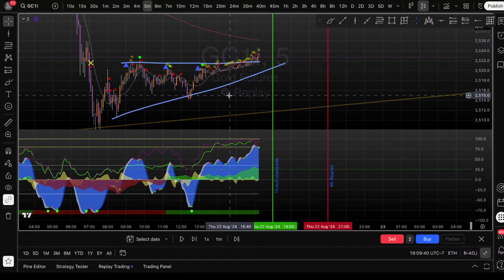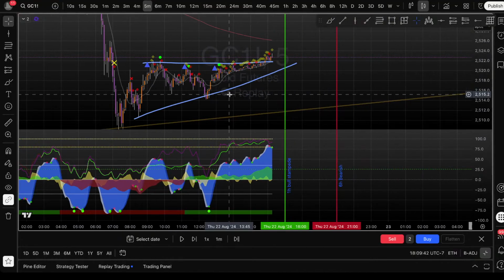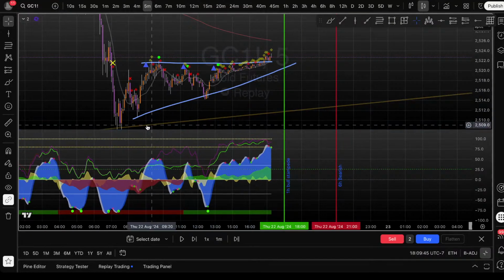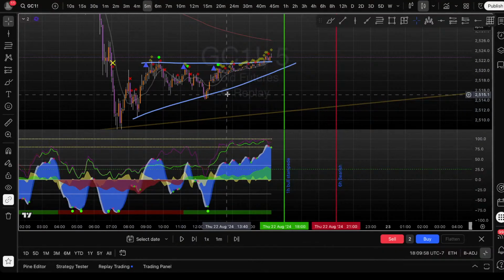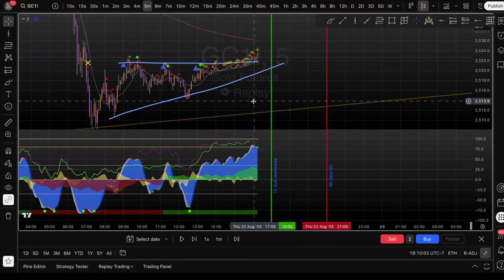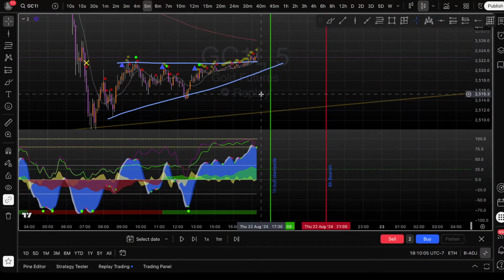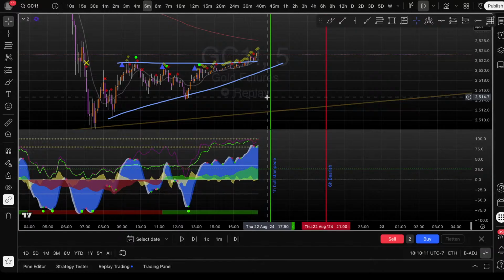We don't want to underestimate how fast this could turn around, but we came off of this trend line. We're kind of creating this little local trend. Yeah, we're not getting in right here. That doesn't make sense too.